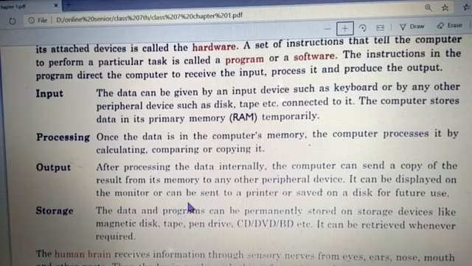Now output is given on the monitor. Whatever result you see on the monitor, that is the output device, right? Now storage devices are there, like magnetic disk, tape, pen drive, DVD. These are the storage where you can store the data.